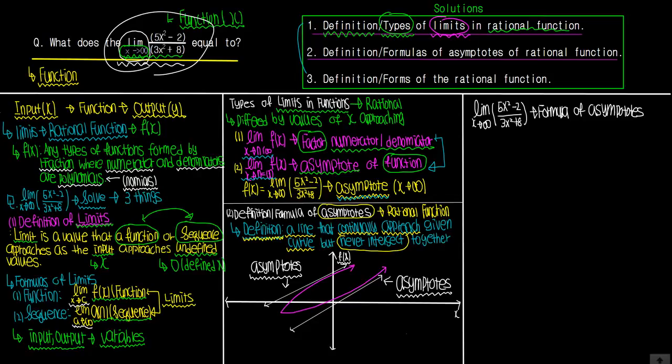This is the most important thing in our rational function, so we will always start our asymptote formula from the general format of our rational function, and we need to prove why it is the asymptote formula. And what is the standard form, the basic format of our rational function?